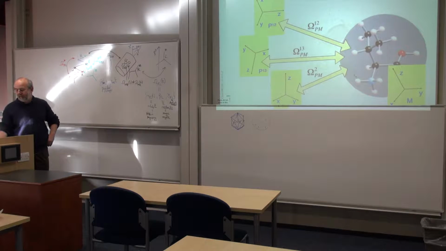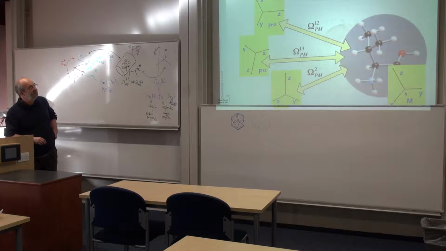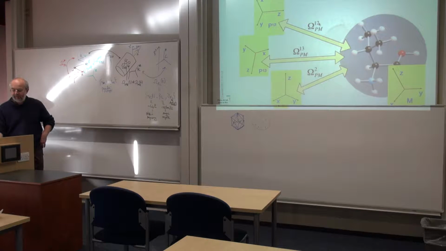So if you have multiple interactions, you have many such transformations that all go into the same molecular frame. So here there are two dipole-dipole interactions between spins 1 and 2 and spins 1 and 3, and a chemical shift anisotropy on spin number 2.